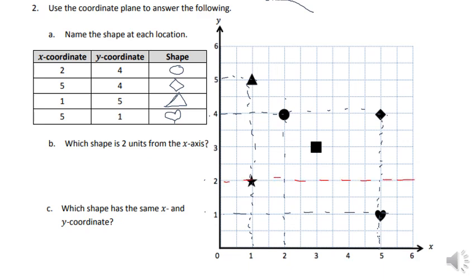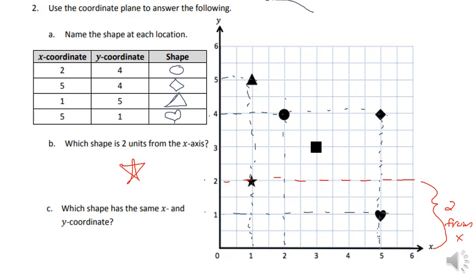So I'm going to go 2 units on the y-axis, and everything on this line right here would be 2 units from the x-axis. So right here is 2 units from x, which is actually my y-coordinate. You can see the only shape that is on that line is going to be our star.